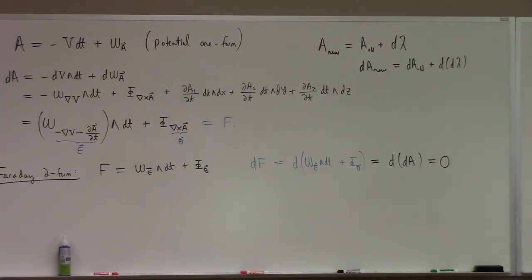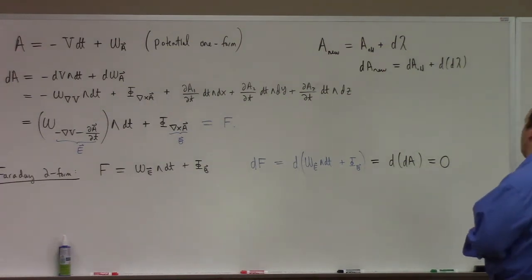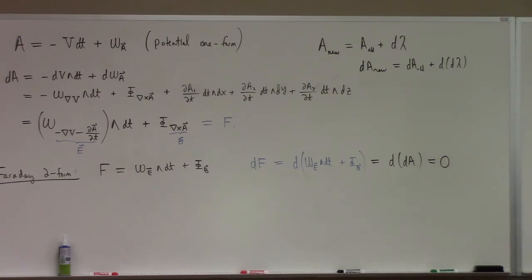So apparently there's a lot of freedom in how we calculate A. We can add a total differential of a function of time and space to that. So you can eliminate that freedom by setting what's called a gauge potential, making a gauge choice. There's various choices which are popular: Coulomb gauge or Lorentz gauge. But I'm kind of getting off topic a little bit.